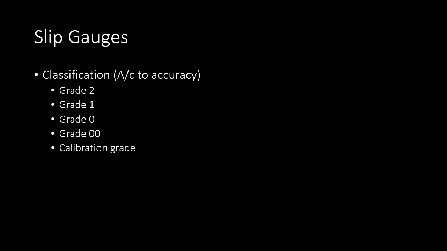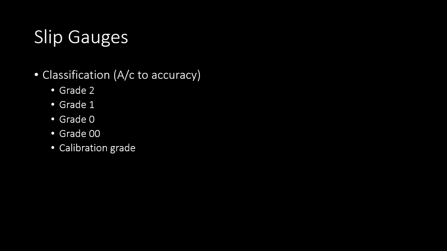The final grade is calibration grade. This is a special grade, with the actual sizes of the slip gauges dated or calibrated on a special chart supplied with the set. This chart must be consulted when making up a dimension. And because these slips are not made to specific or set tolerances, they are not as expensive as grade 00.